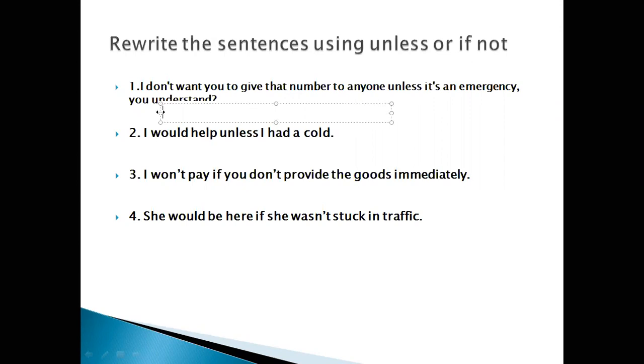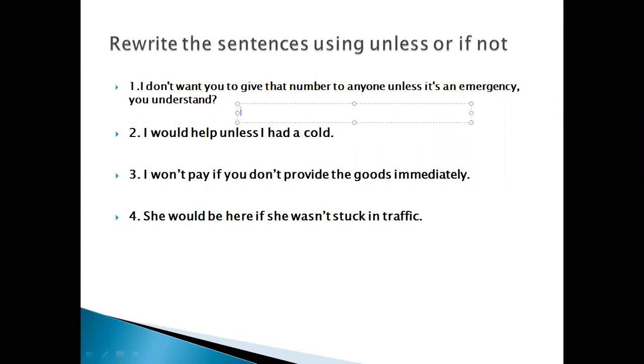We will say, I don't want you to give that number to anyone. I'm going to change the part of unless.